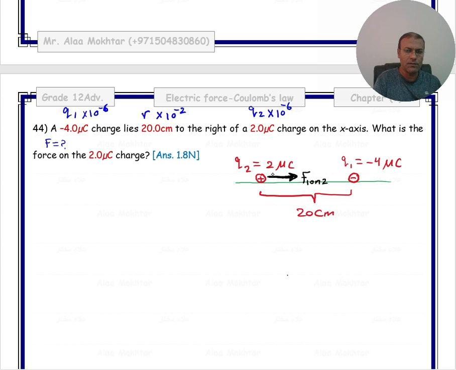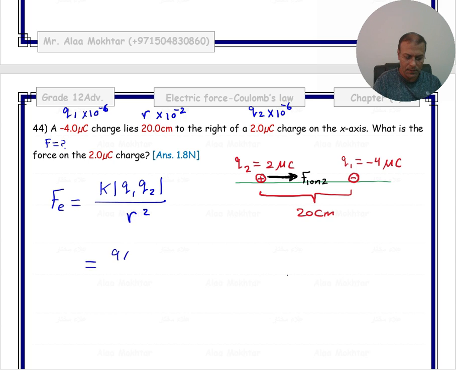So this force F12 means the force due to charge number 1 acting on charge number 2. This force will be in the positive x direction. We can use the formula Fe equals K absolute Q1 Q2 over R squared.